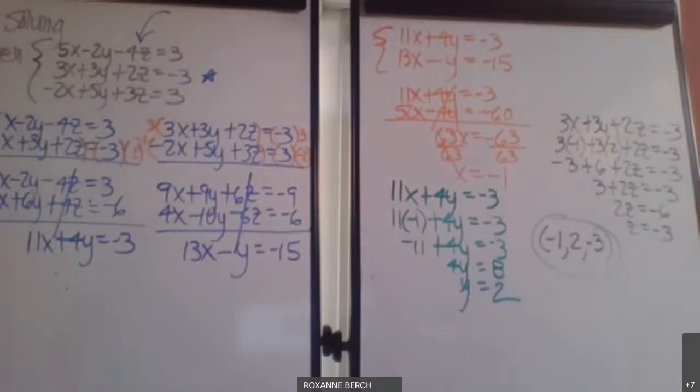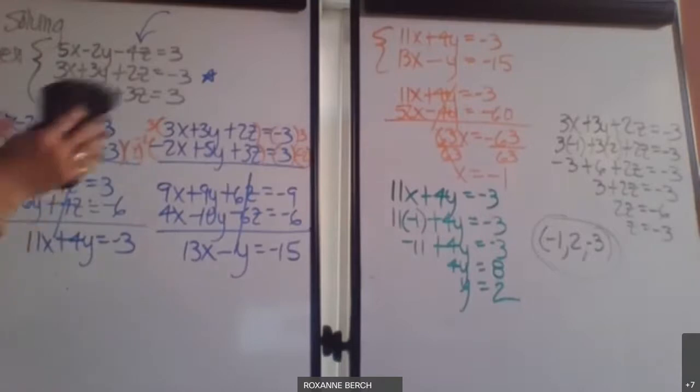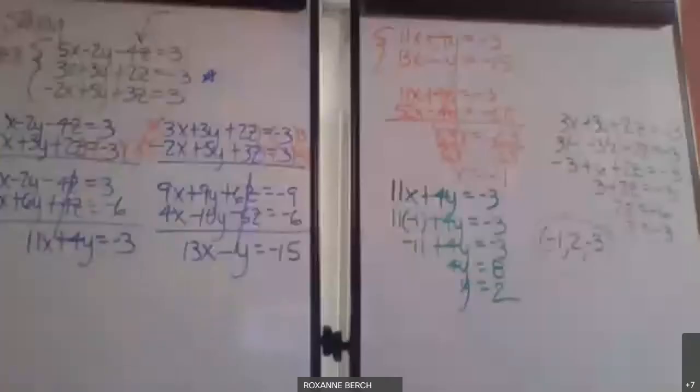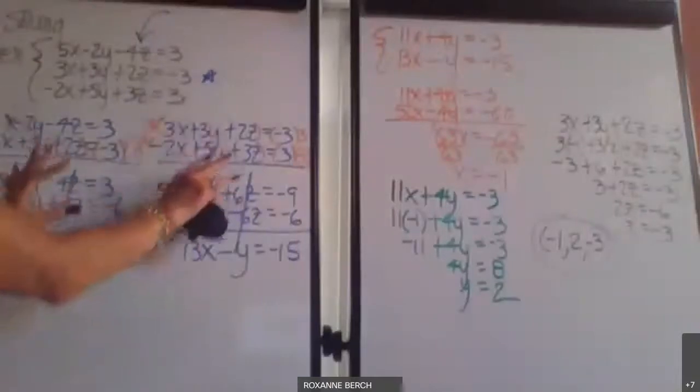All right, anybody have any questions? We can do another problem together, just to make sure you can set it up right. Anybody have any questions about this? You said we had to eliminate the same variable, right? Yeah. So in this, I eliminated z and z, but it doesn't matter, you could pick y and y or x and x.